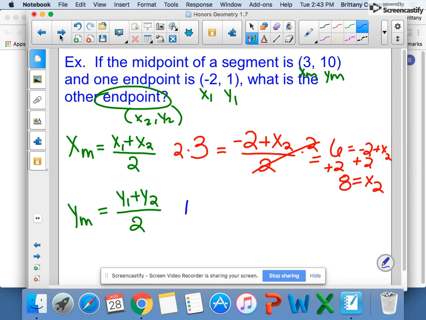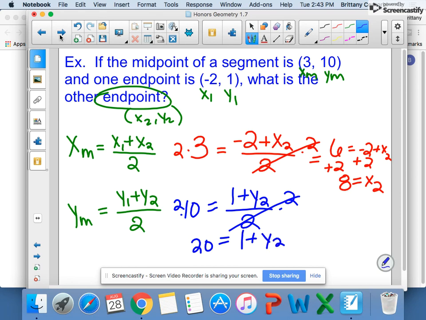So we're going to take 10. And we are given that one of the endpoints is 1. So 1 plus y2 divided by 2. Same way to solve, we're going to multiply that 2 out of the denominator. So we get 20 equals 1 plus y2. Subtract 1, so we get y2 equals 19.